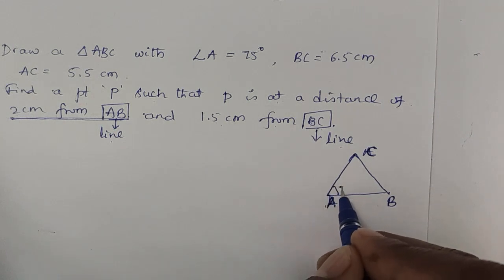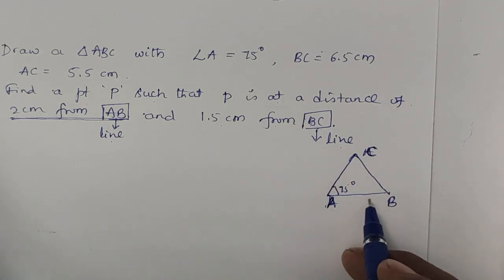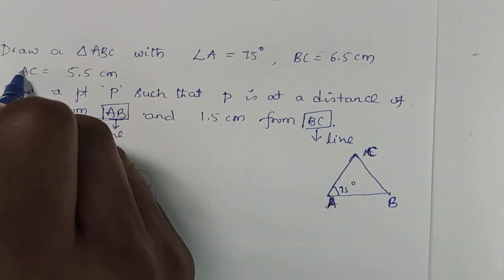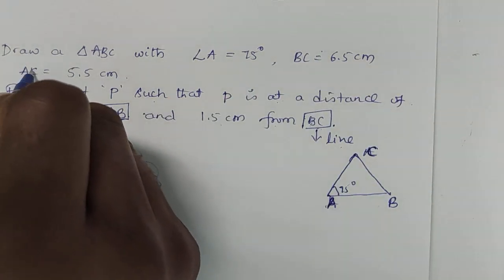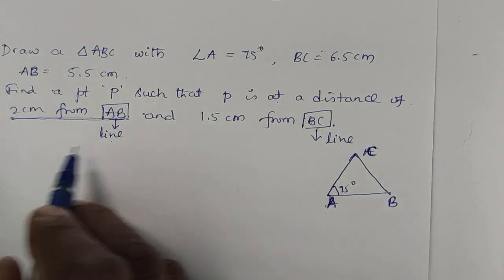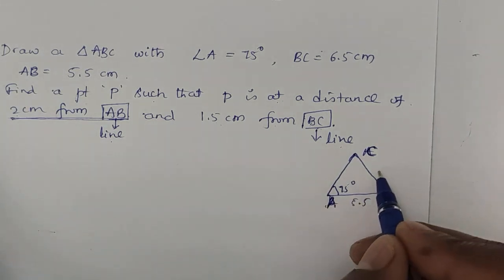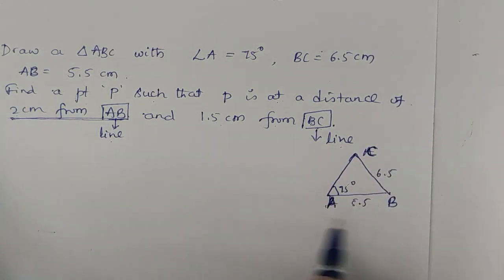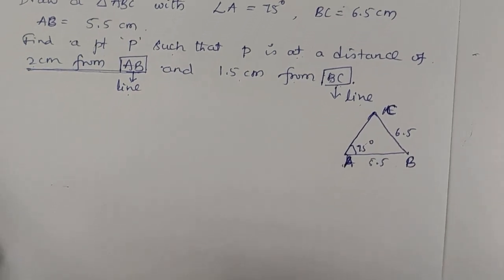Angle A is 75 degrees, then AB, AC. This one is AC 5.5, AB 5.5, BC 6.5. That's it. Using these three, we'll construct.